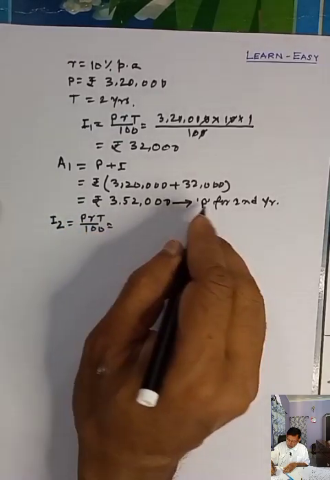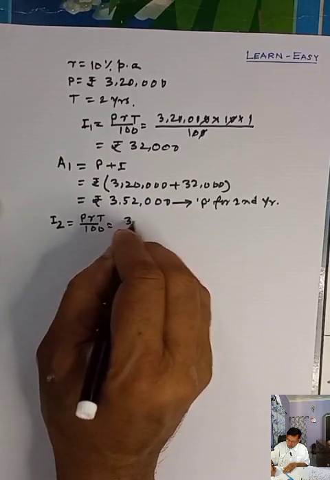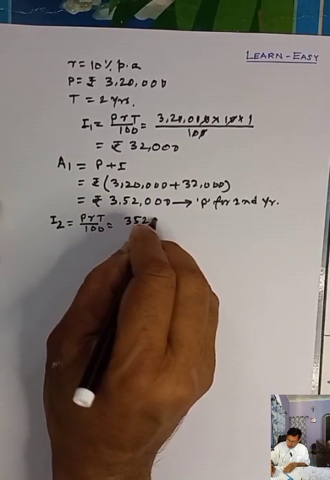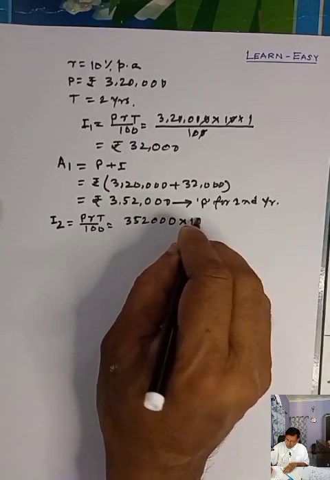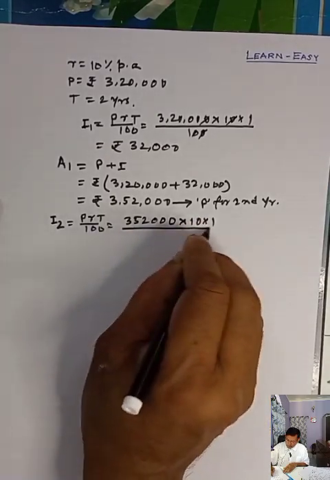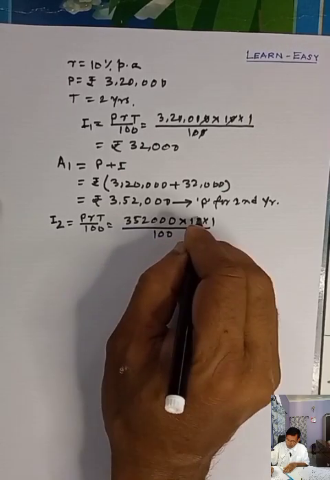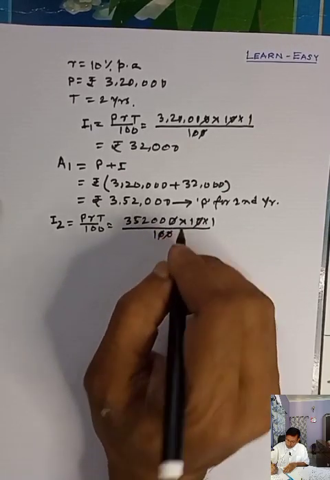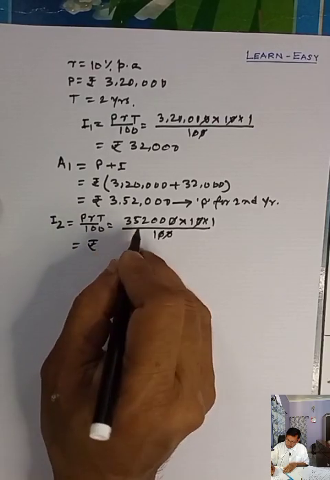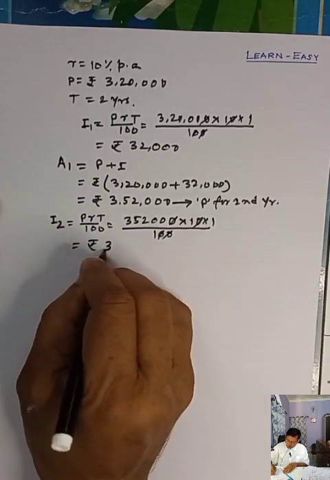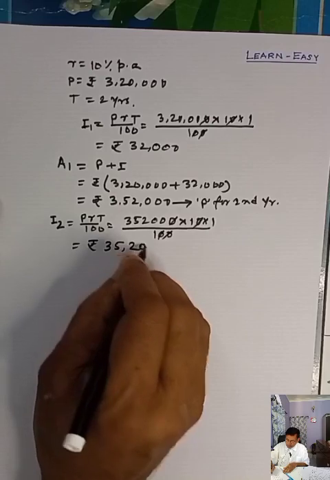Here P is equal to 3,52,000, R is equal to 10, 1 divided by 100, is equal to rupees 35,200.